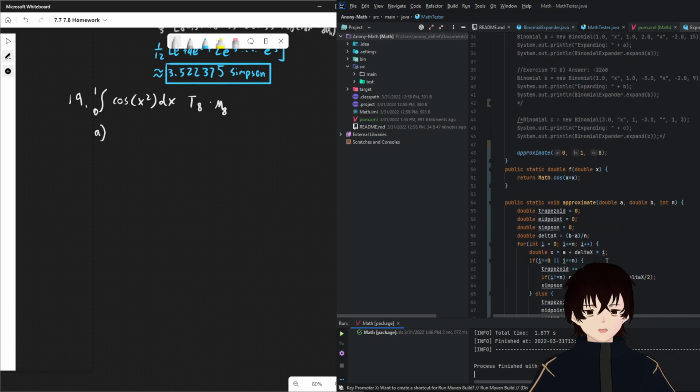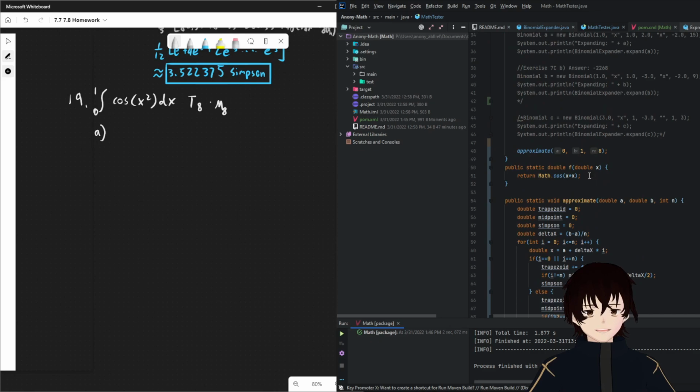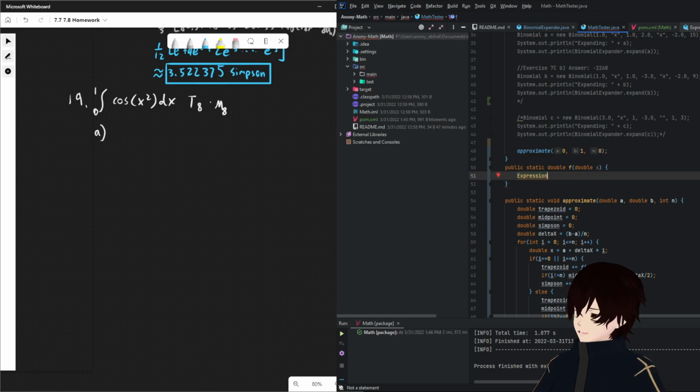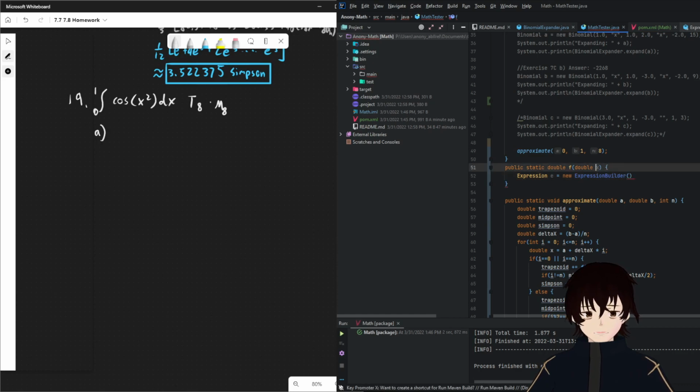Now, where is our function message? Here it is. Expression. Ooh, here it is. Expression. Let me check the sample usage. Expression E is equal to new expression builder. Let's take a string function.